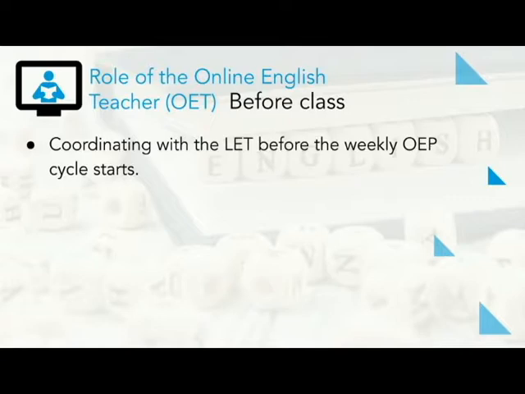Which brings us to the next point. OETs are responsible for adapting lesson plans to ensure that there is a variety of appropriate tasks and activities in a logical order at an appropriate pace. Once the LET has chosen a lesson and explained any alterations that need to be made, the OET must ensure those adaptations keep in line with the goals of the class, speaking and listening.